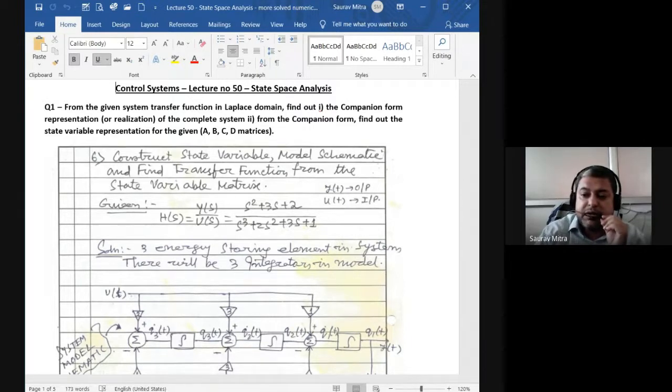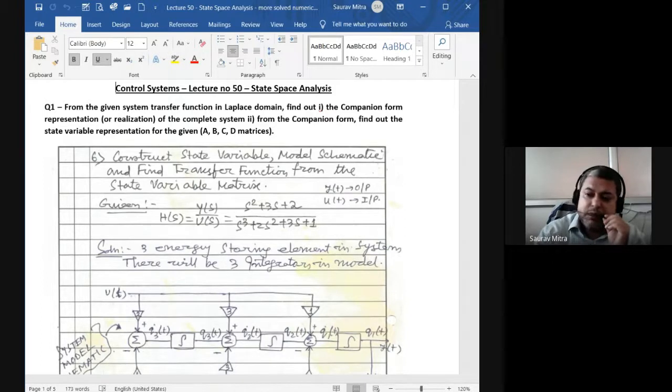So initially we were given a second order differential equation, and from there we found the transfer function. The denominator was a second order polynomial in s square. The numerator was a first order polynomial, 4s plus 1 or something like that in yesterday's numerical. But from that transfer function, we could find the companion form.